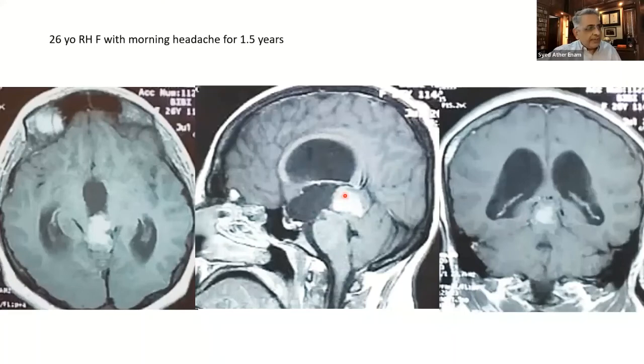We did that. The biopsy turned out to be grade 2 or grade 3, something in between, a pineocytoma, a pineal parenchymal tumor. So we went back in. Going back in could have been from here.